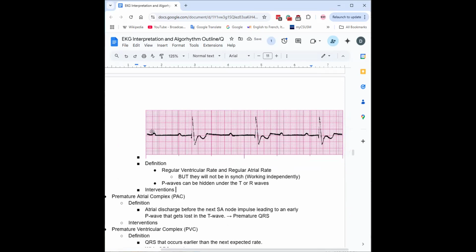So here we can see it's going to go, I guess here it'd be hidden here. Then it's hidden in here. Then it's hidden in the T. I'm not sure why there's a drop there, unless that's a T wave, that's probably a T wave.